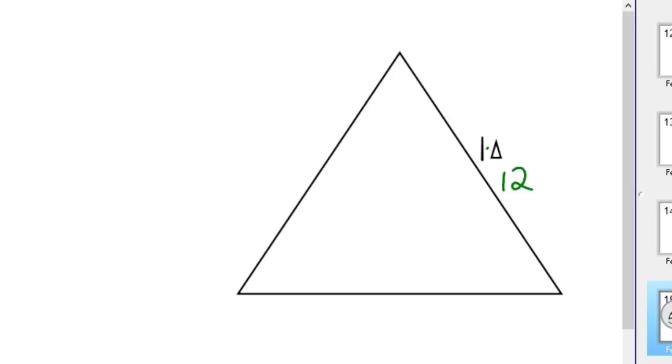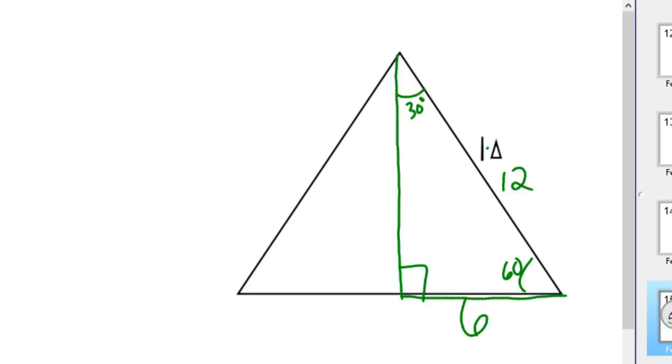So when you do that, and we split this thing in half, that means this angle now is 30 degrees. This angle is 90. This angle is 60. And because I split the triangle in half, the short leg, which is this one right here, is half of the hypotenuse, which is 6. Because the whole thing, because it's an equilateral triangle, is 12.